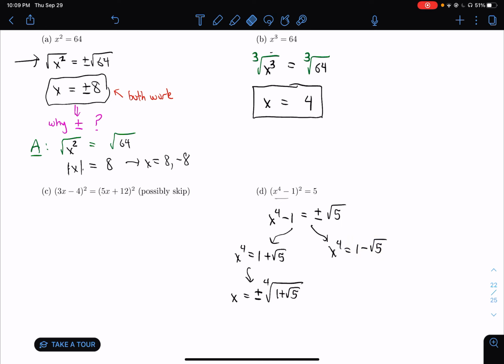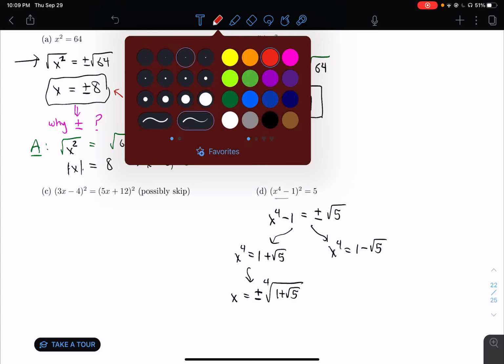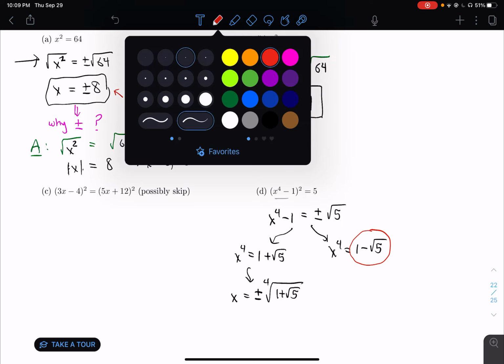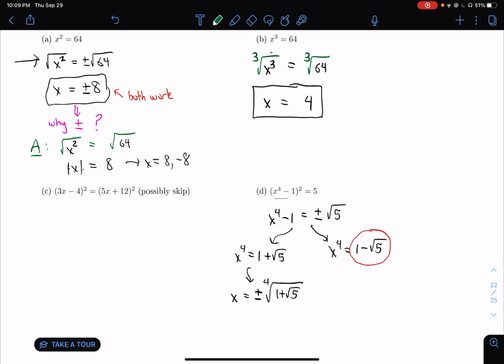Well, this one's a bit different. There's something I want to notice about 1 minus root 5 and what type of number it is. Let's get a feel for how big this number is. If I think about square root of 5, I want to think about what two nice square roots it's in between. Square root of 5 is bigger than square root of 4, and it's smaller than square root of 9. Square root of 4 is 2, square root of 9 is 3.